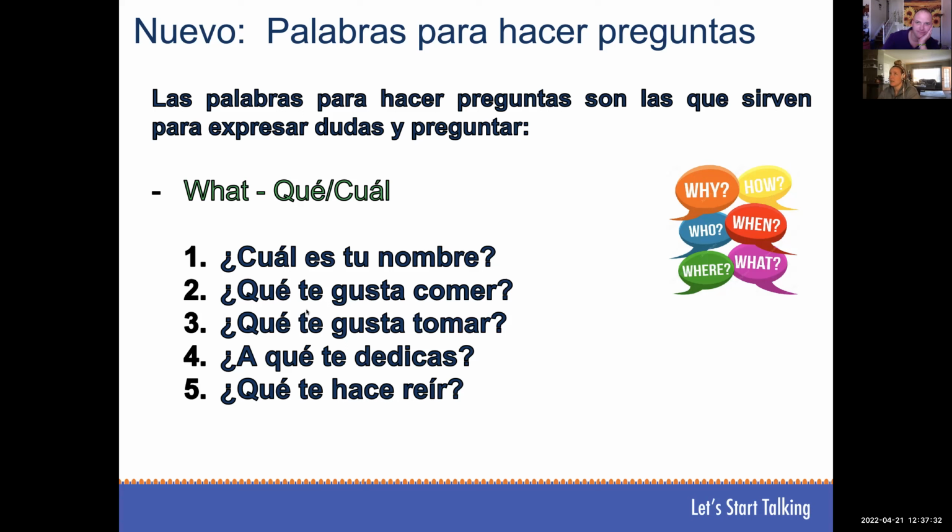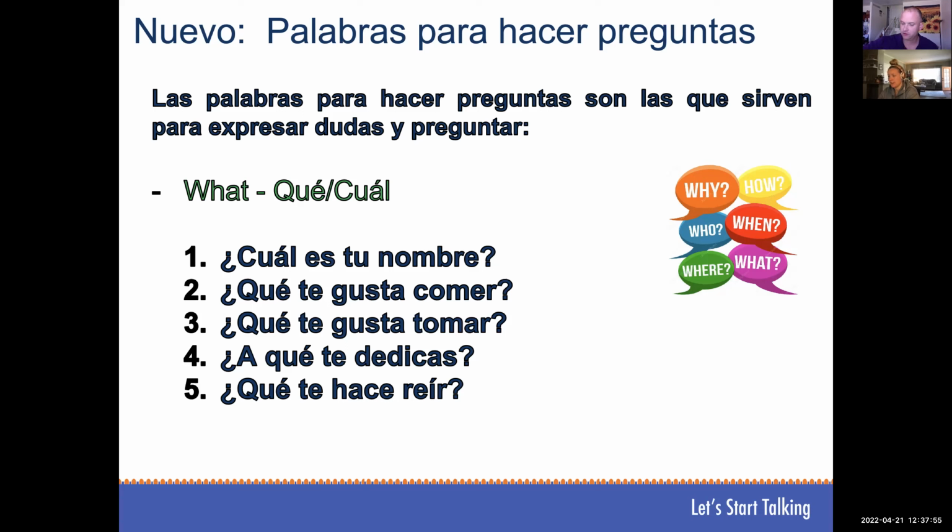I work in tech. So I would say trabajo en tecnología. Muy bien. Okay. ¿Y qué te hace reír?